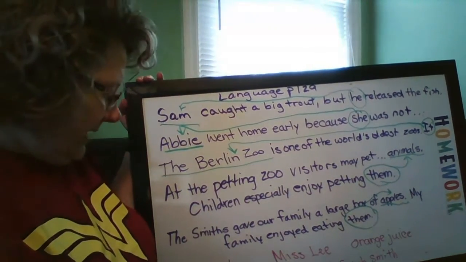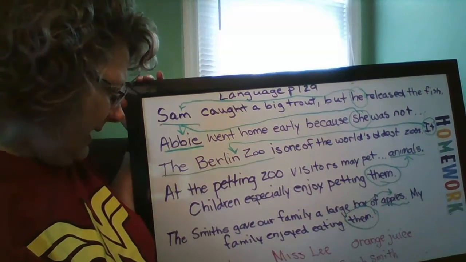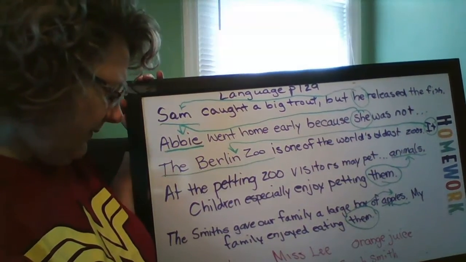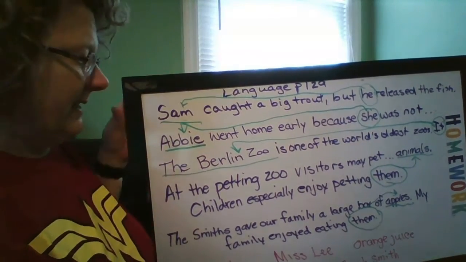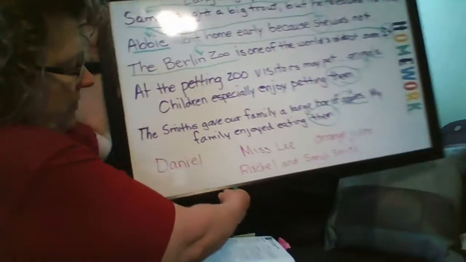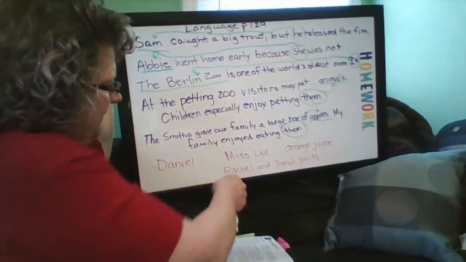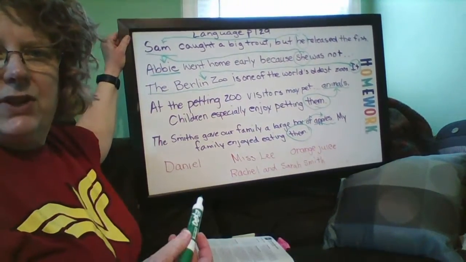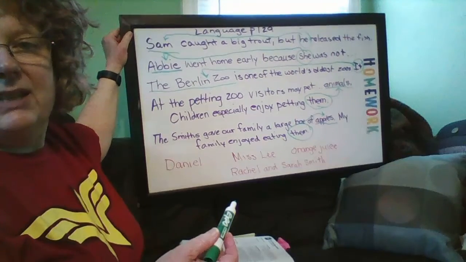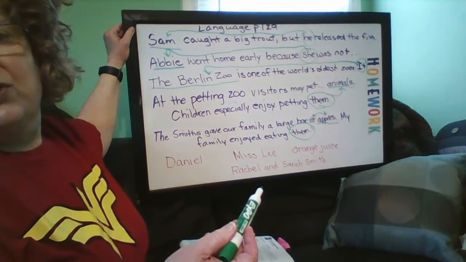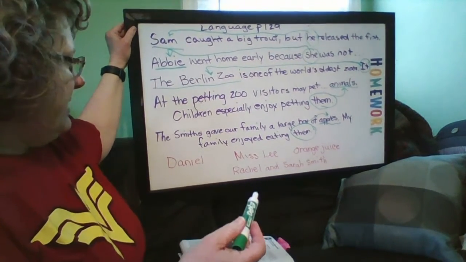Okay, so the next part, Think B, gives you 4 different words, and you have to decide what pronouns to use for those words. So my words are Daniel, Miss Lee, orange juice, Rachel, and Sarah Smith.